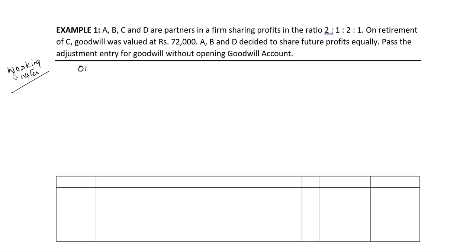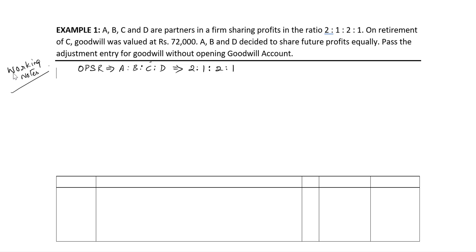As per the problem, old profit sharing ratio between A, B, C and D is given as 2:1:2:1.